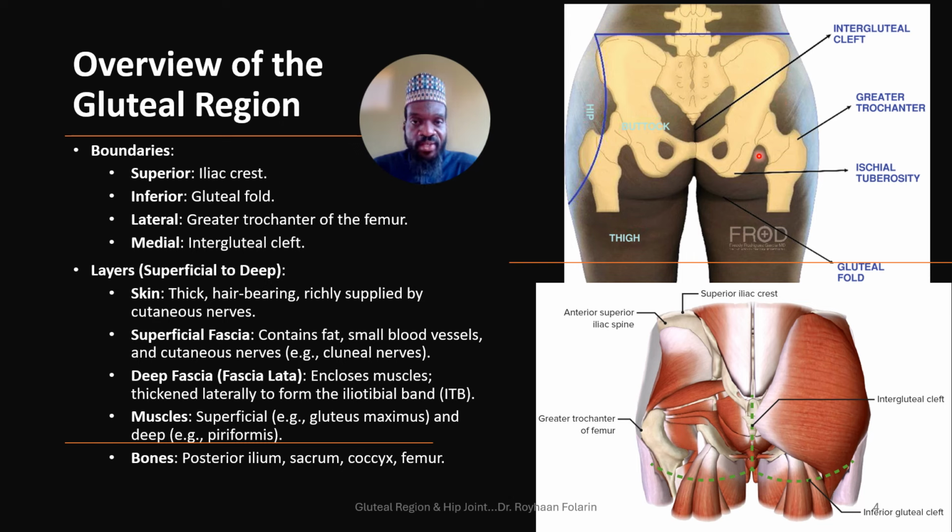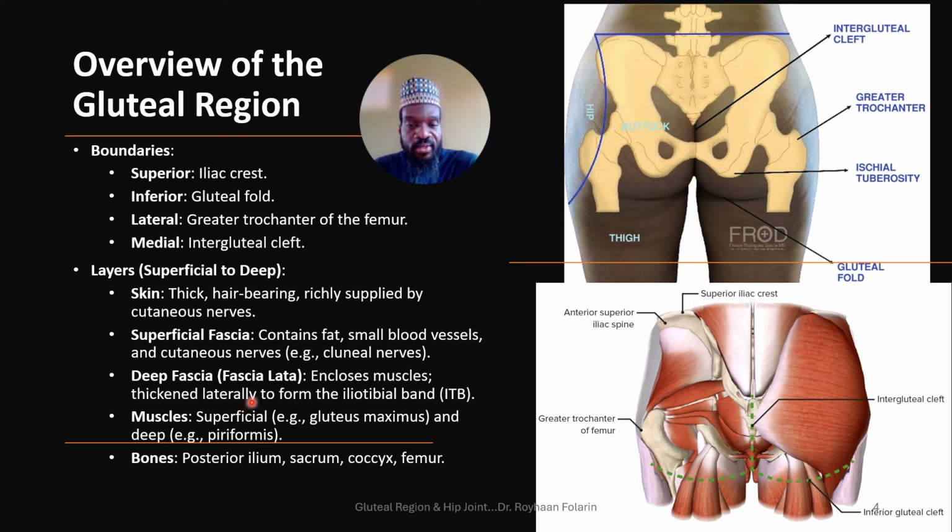Now, in terms of layers, the gluteal region is organized from superficial to deep as follows. You see the skin, first of all, which has a rich supply of cutaneous nerves, and then the superficial fascia, which contains fat, a lot of fat depending on the gender, and a number of blood vessels and cutaneous nerves. Deep to this is the deep fascia, the fascia lata, which encloses muscles.